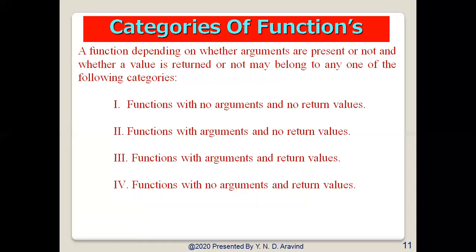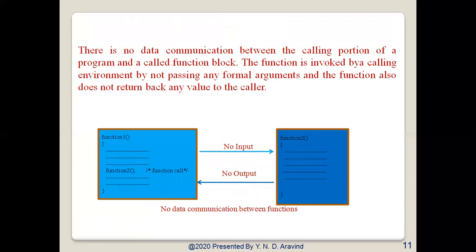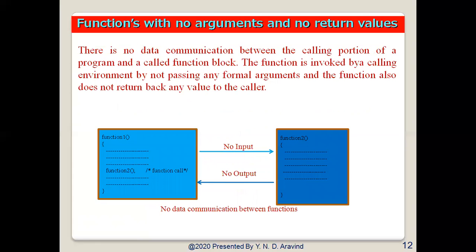Now let us see the first example, that is functions with no arguments and no return values. There is no data communication between the calling portion of the program and the called function block. This is the called function block and this is the calling program. So here there will not be any communication between the calling program and the called function block.